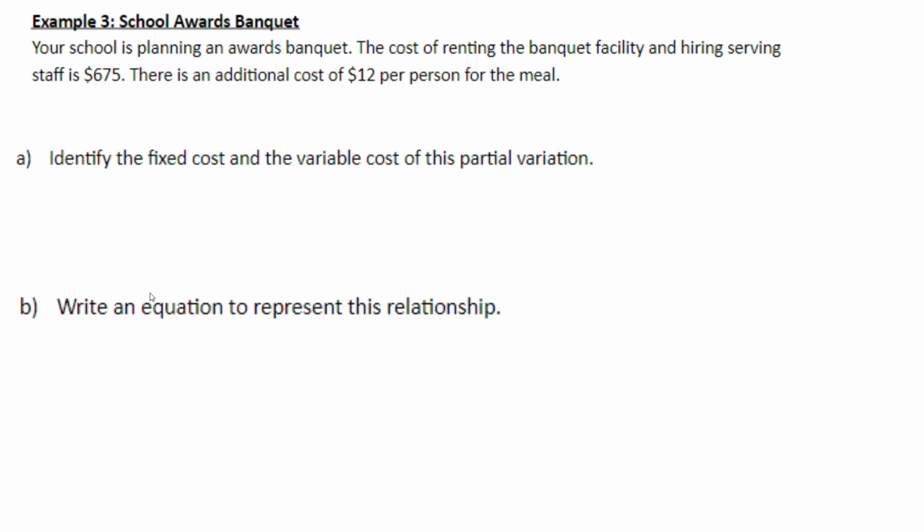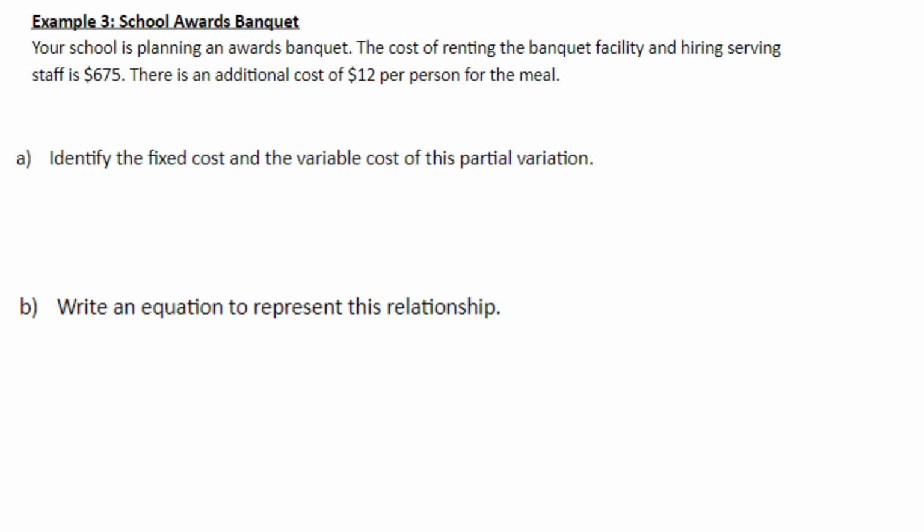For our third example, the school awards banquet. Our school is planning this banquet. However, the cost of renting the banquet facility and hiring serving staff is $675. There's an additional cost of $12 per person for each meal served. So here we can identify the fixed cost and the variable cost of this partial variation.